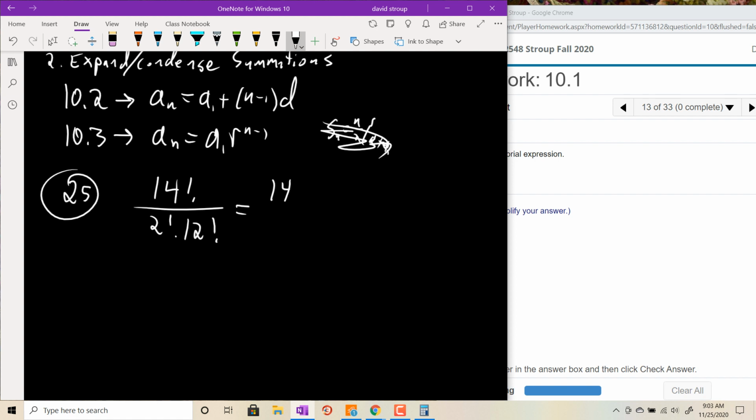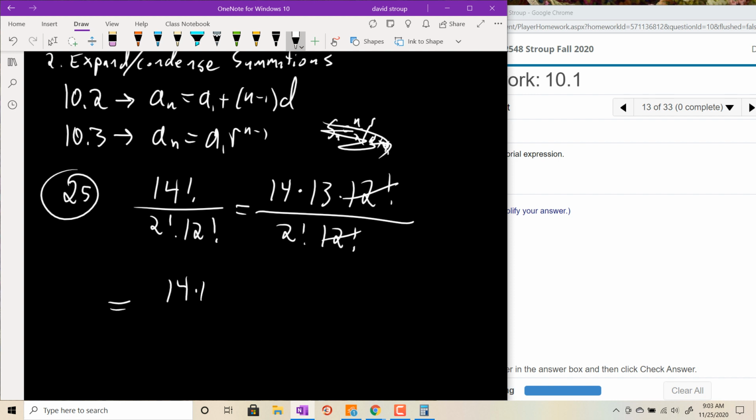So 14 factorial is the same as 14 times 13 times 12 factorial, and then you see there's a 12 factorial in the denominator that you can remove from top and bottom. So you'd end up with 14 times 13 all over 2 factorial. 2 factorial is 2 times 1, which is 2. Then you could say 14 over 2 is the same as 7 over 1, and then 7 times 13 is your answer: 91.